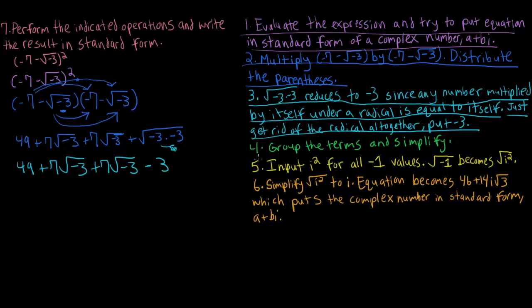Now for step 4, group the terms and simplify. You have 49, and 7 square root of negative 3 plus 7 square root of negative 3 is 14 square root of negative 3, minus 3.